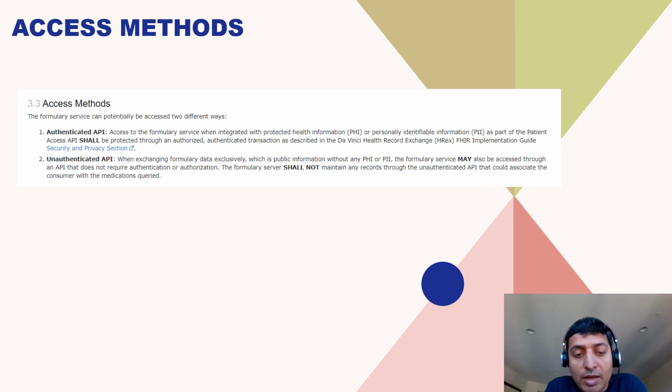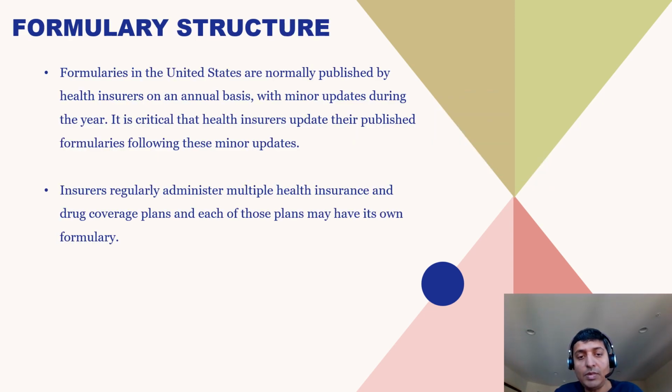What is an unauthenticated API? When exchanging formulary data exclusively, which is public information without any PHI or PII, the formulary services may also be accessed through an API that does not require authentication or authorization. The formulary server shall not maintain any record through the unauthenticated API that could associate the consumer with the medications queried.